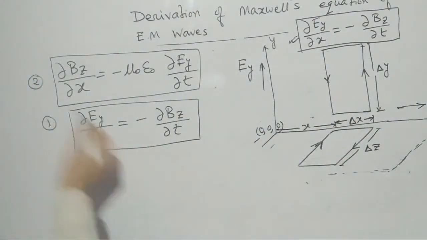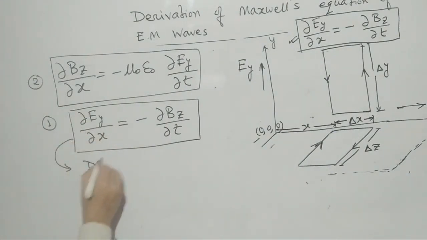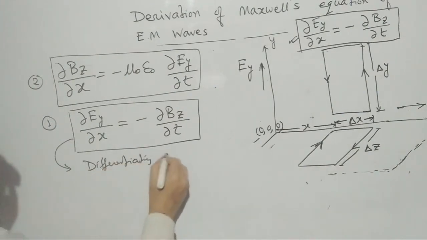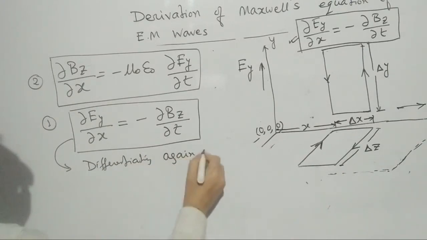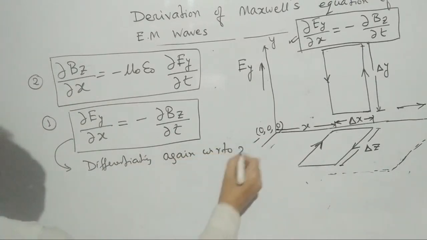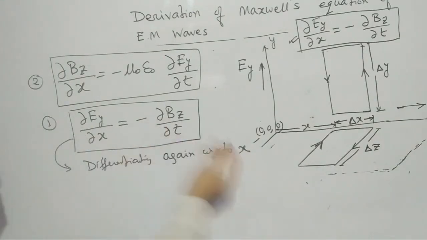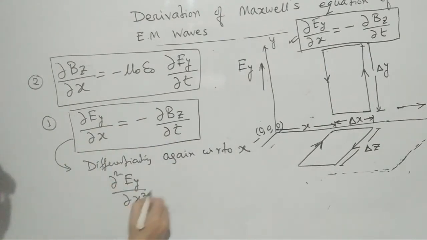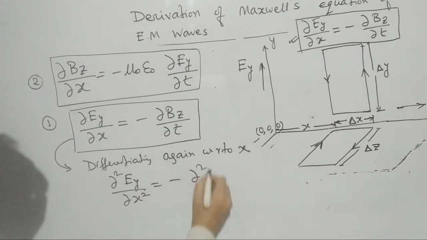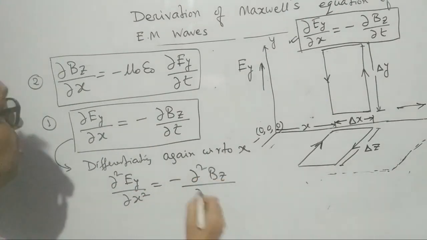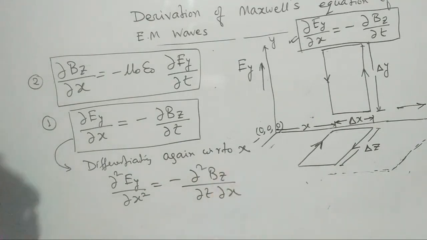Okay. Now, if we differentiate this first equation again with respect to x. So we want to differentiate this equation with respect to x again. So what we will get? We will get del square Ey by del x square equal to minus del square Bz by del t del x.